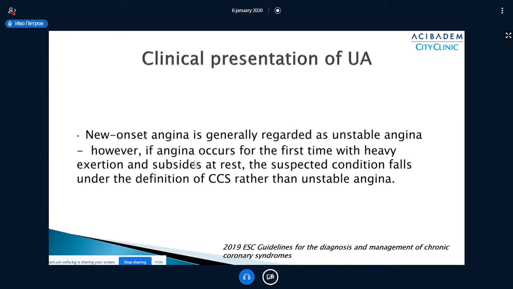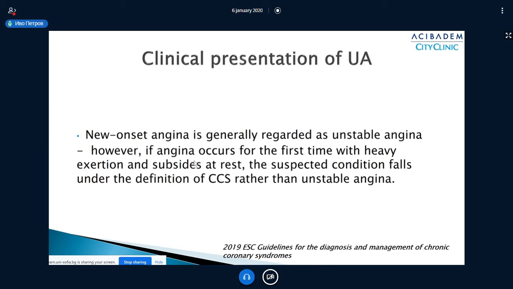So in order to have clear in your mind the threshold between unstable angina and myocardial infarction. So unstable angina is a new onset angina or crescendo angina that was recently chronic stable angina.